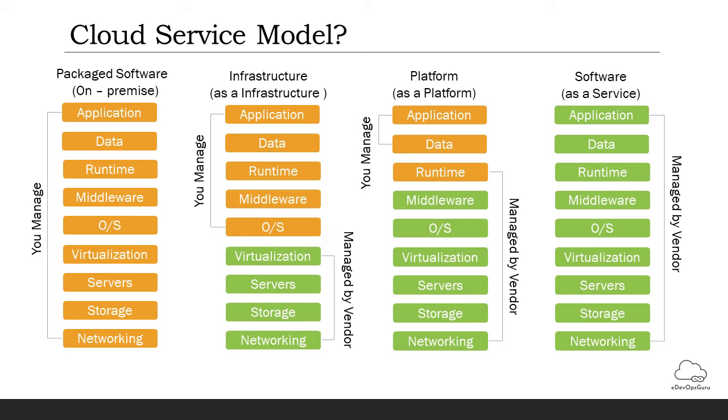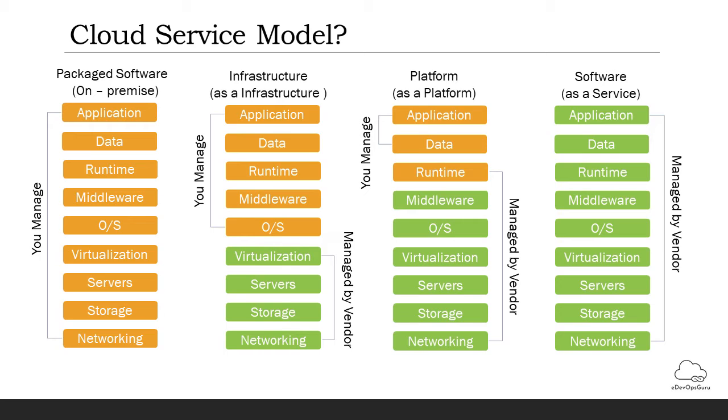If we compare it with on-premise data centers, which are generally managed by customers, right from networking to storage, servers, virtualization, operating system, middleware, runtime, data, and applications, everything is managed by the customer itself. If we talk about Infrastructure as a Service, it provides users with the capability to provision processing, storage, and network connectivity on demand.